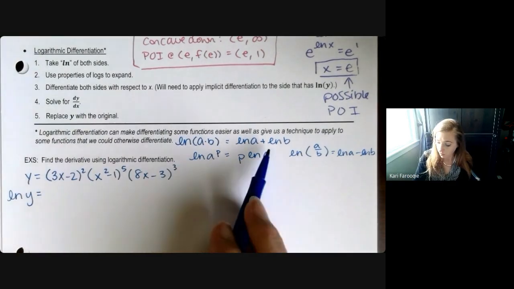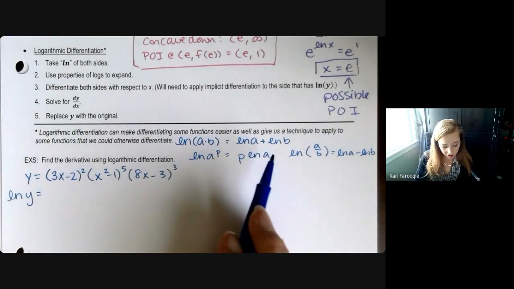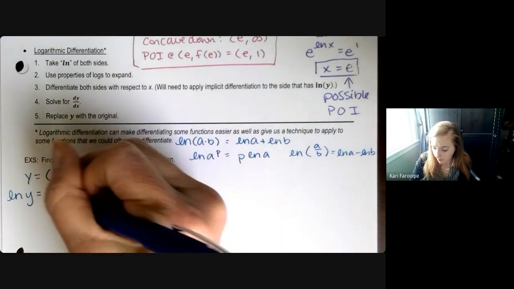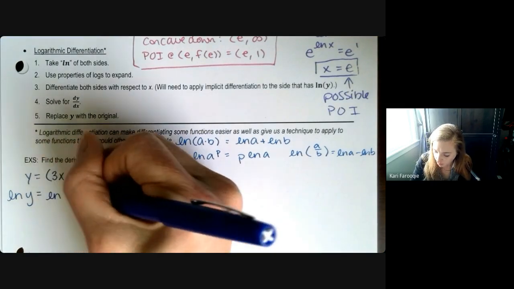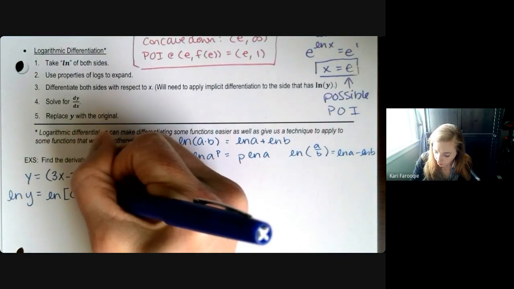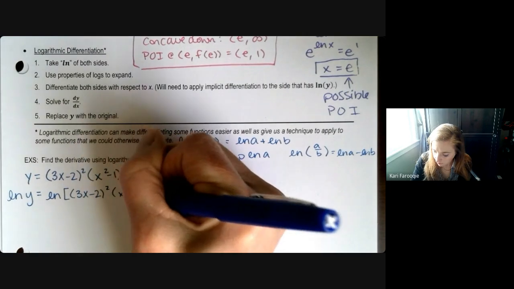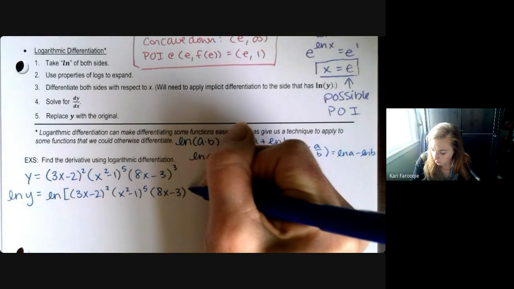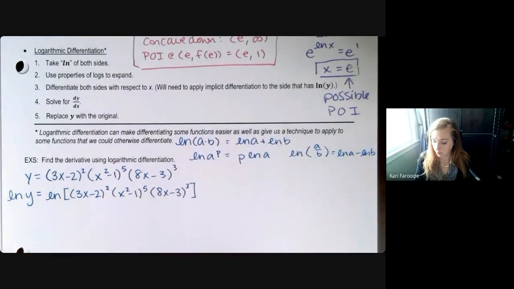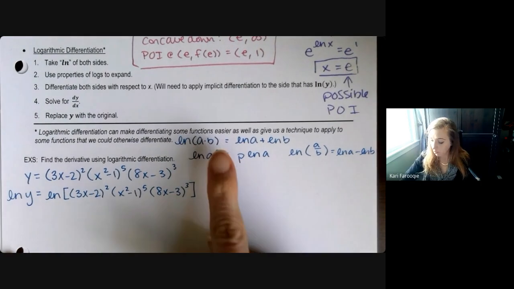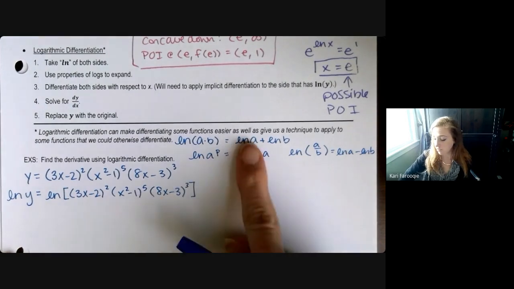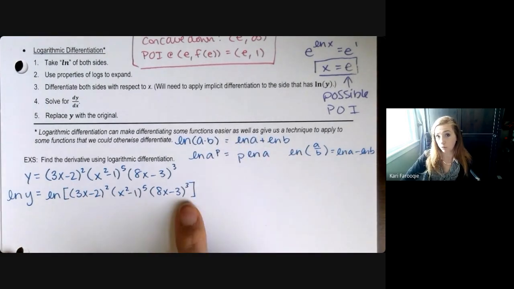Now, I'm going to use this rule right now because I'm basically just applying the log on both sides. I'll just write it twice. 3x minus 2 squared, x squared minus 1 to the 5th, 8x minus 3 cubed. But what I can do now is write that, because I have the log of a product, as the sum of 3 logarithms.